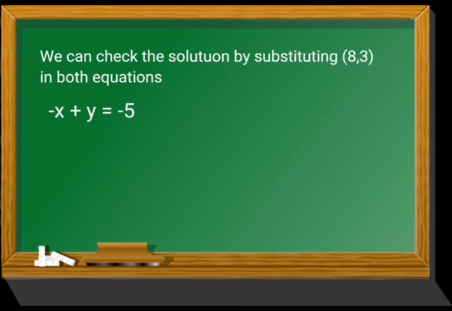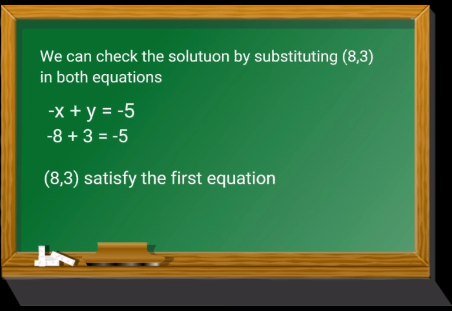So 8 will get plugged in for x because it represents the x value, and 3 will get plugged in for y because it represents the y value. So I would have negative 8 plus 3 equals negative 5. So (8, 3) satisfies the first equation.